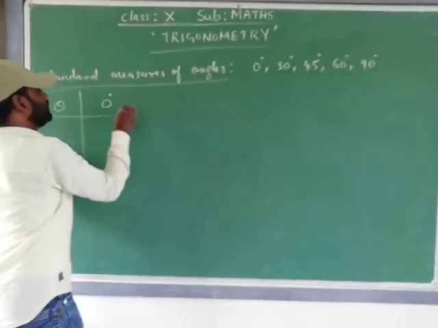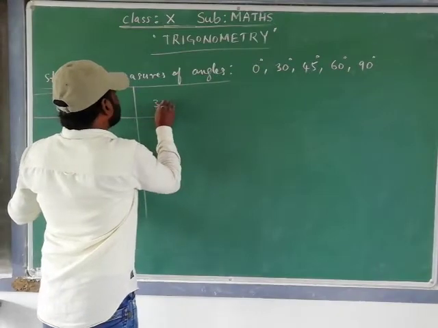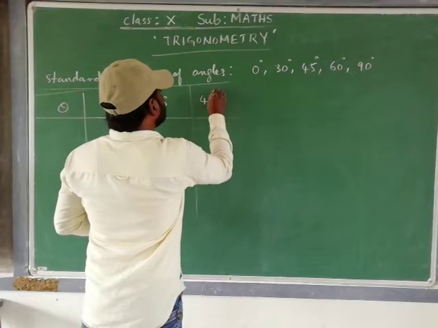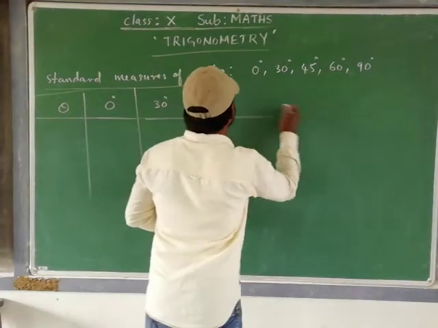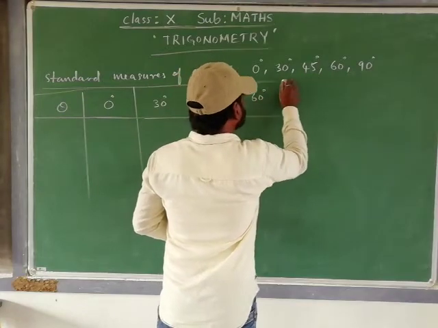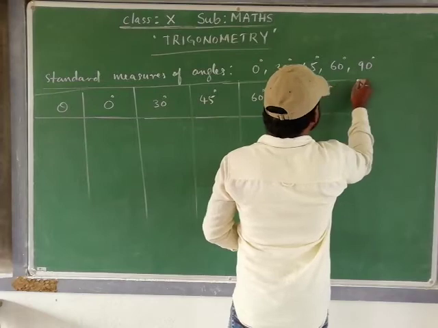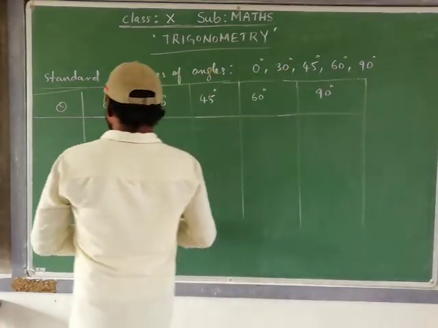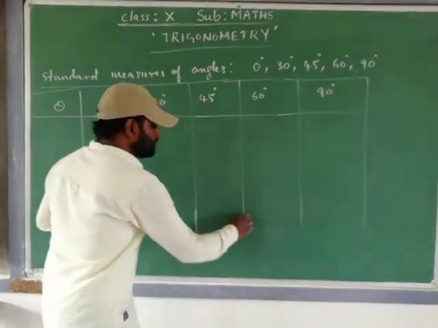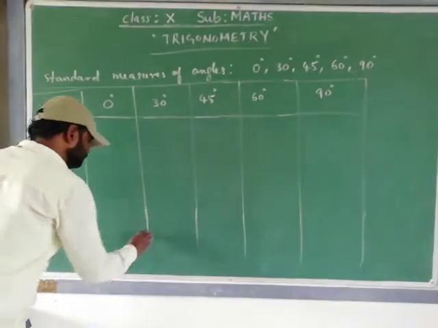What I said? 0 degrees, 30 degrees, 45 degrees, 60 degrees and 90 degrees. Of course, this table is given in your textbook, but if you simply learn it by heart, you may get confused. Stop learning by heart, use the technique to remember it. The technique I am going to explain now.